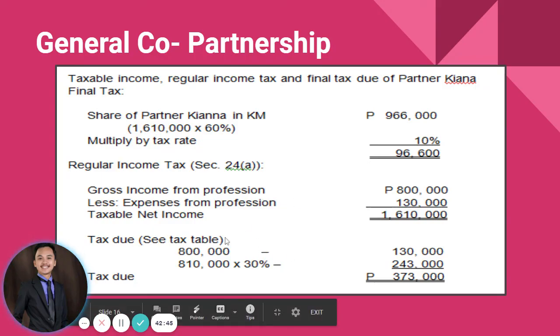So the same rules we discussed in our discussion on the 8% income tax option. Okay? So again, she can use 8%, or she can use the graduated tax table on her income from profession. But this 96,600 will no longer be included as part of her taxable income because it's already taxed at 10%. Okay? It's already taxed at 10%.